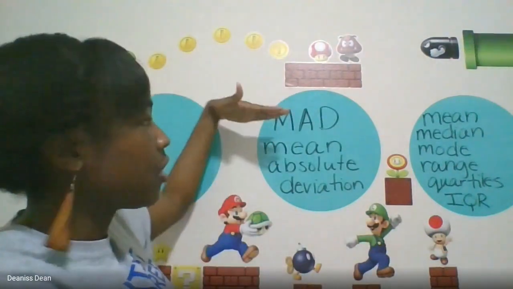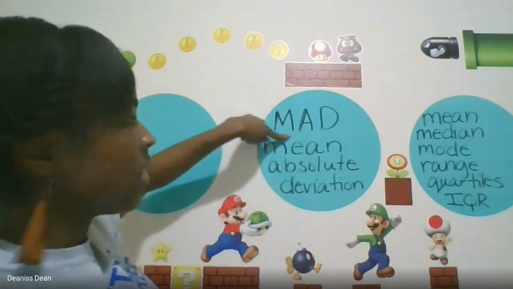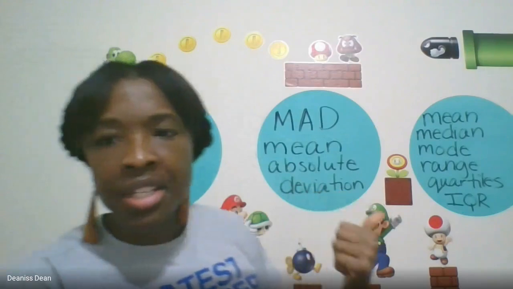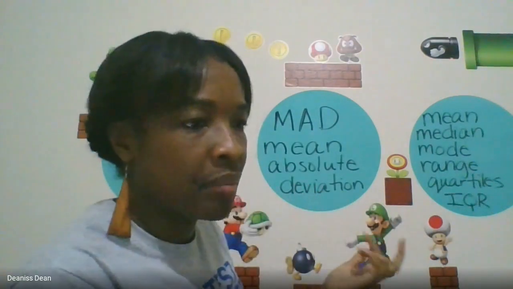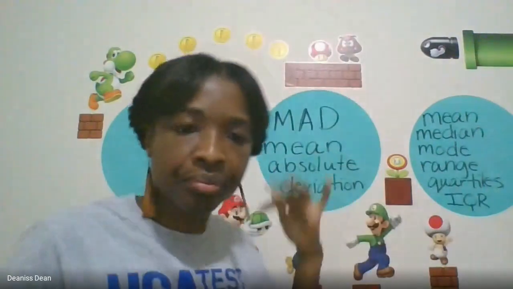So we have another measure of spread that we call the mean absolute deviation. We abbreviate it MAD, all right? So the mean absolute deviation is the average distance between each data value and the mean. So basically, how far each number in your list of numbers is from the mean, and how they vary.